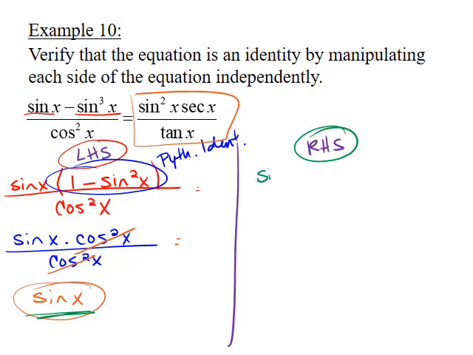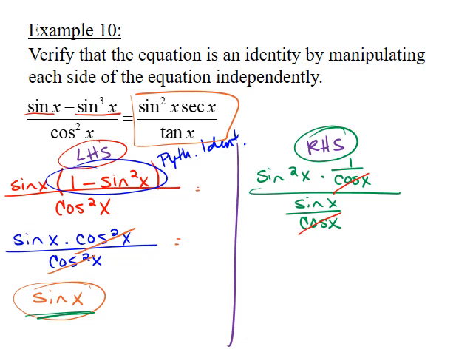So let's get started. Sine squared of x, I'm going to rewrite secant of x as 1 over cosine of x. And then I'm going to write the denominator as sine of x over cosine of x. Well, these both have a denominator of cosine of x.